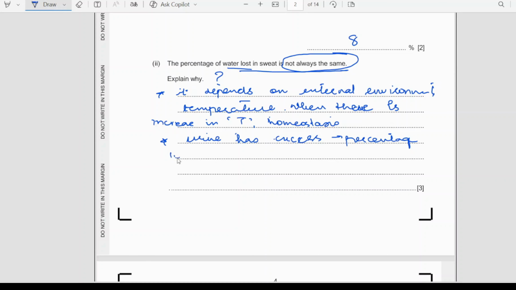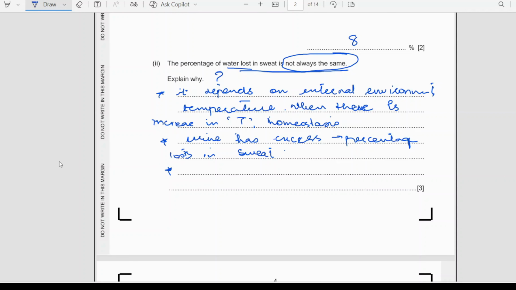Percentage loss in sweat. What can be other reason? There are many factors. Okay, listen, let me redirect you.